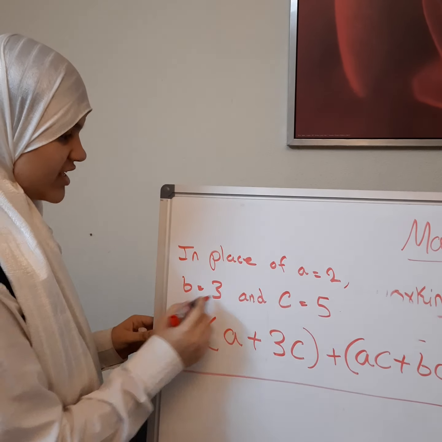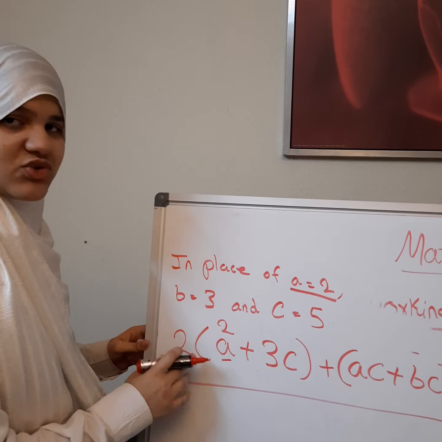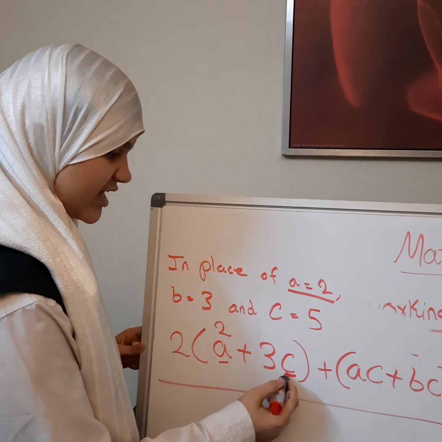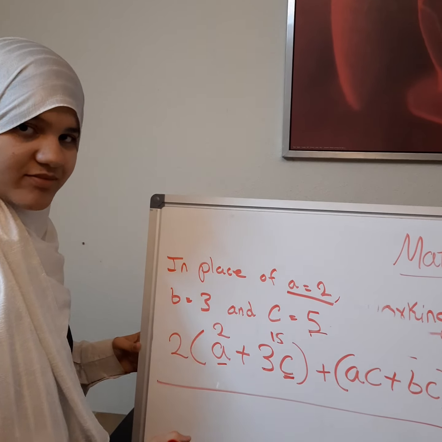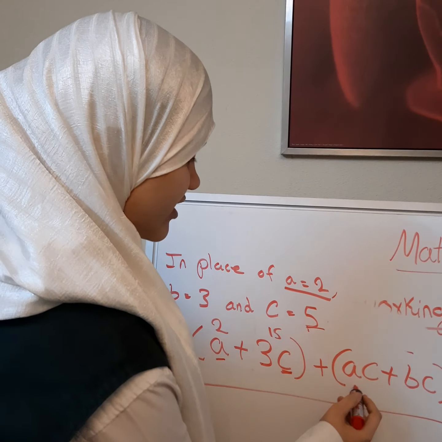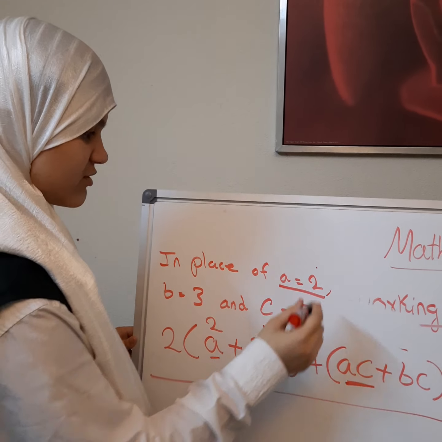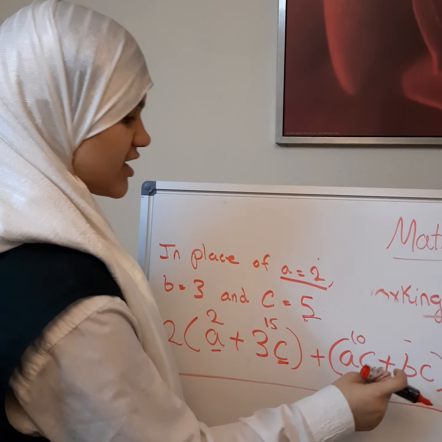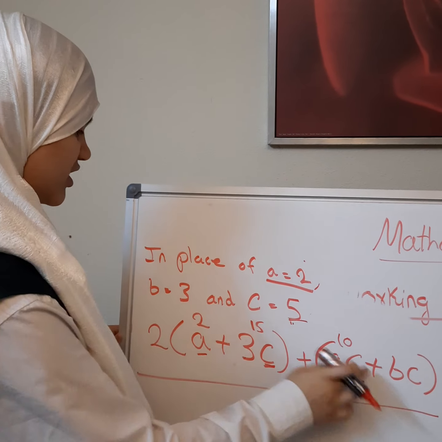We said that in place of A, it will be 2. In place of C, it will be 5. That means 3 times 5 is equal to 15. Another thing here, AC: A we have 2, C we have 5. That means 2 times 5, 10. And we have BC. C is 5, and B is 3.